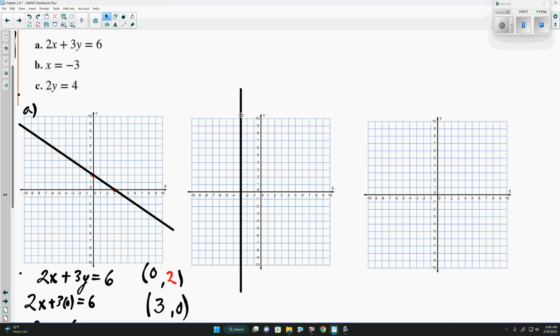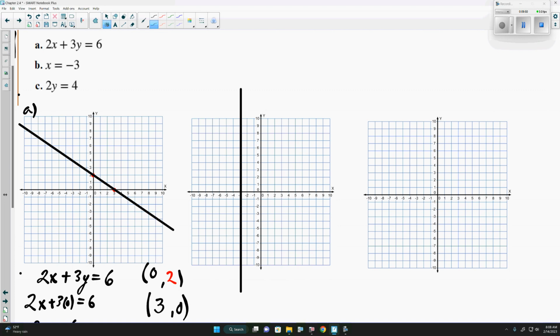And the slope for a vertical line is undefined. Because we do have a rise, it is going up, but we don't have a run. Because slope is rise over run, so we're dividing by 0, which is undefined.